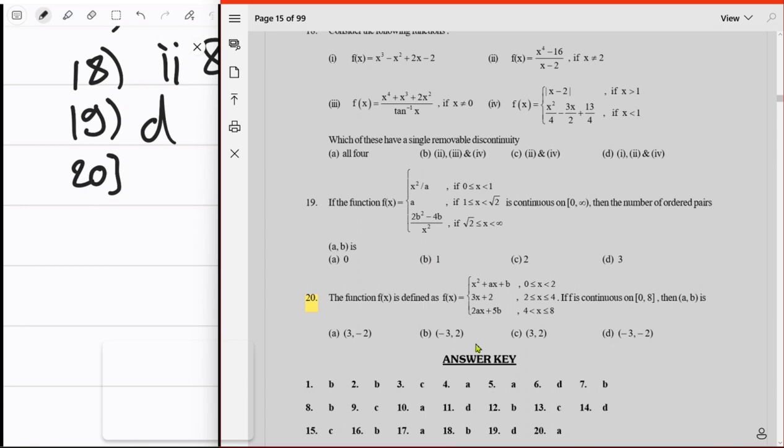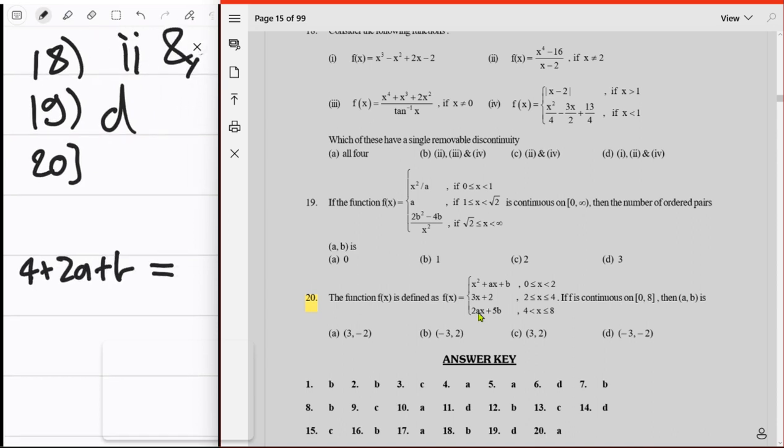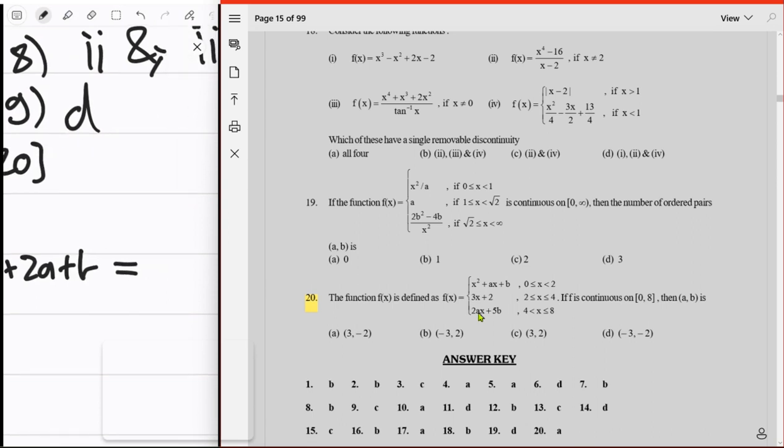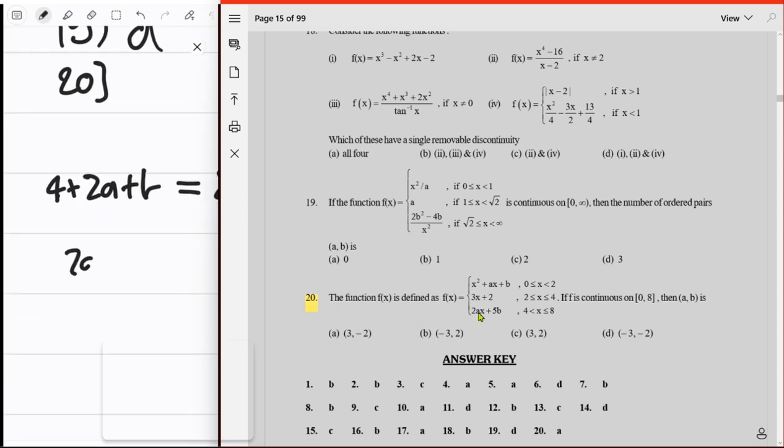We don't have to worry about taking a limit. So, 4 plus 2a plus b is equal to, what's this thing? You put 2, it's just 6 plus 2, it's just 8, right? Yeah. Okay, which means 2a plus b is equal to 4.